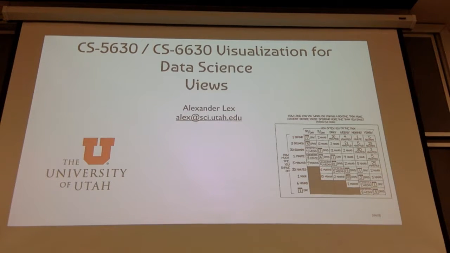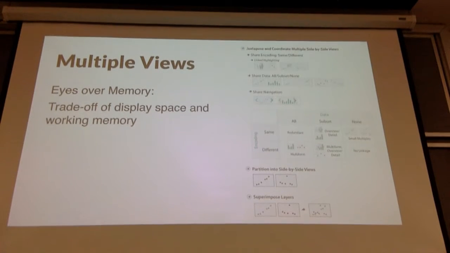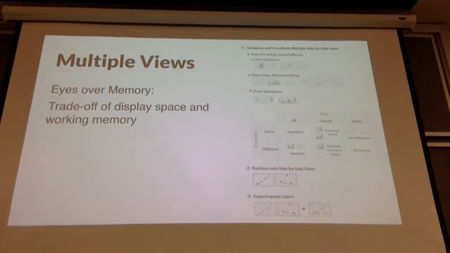Okay, so last time we talked about views. Let's quickly review. This whole lecture is about how we use multiple visualization idioms or visualization techniques next to each other to understand something better than before. This is the principle of eyes over memory, to trade off display space and working memory.